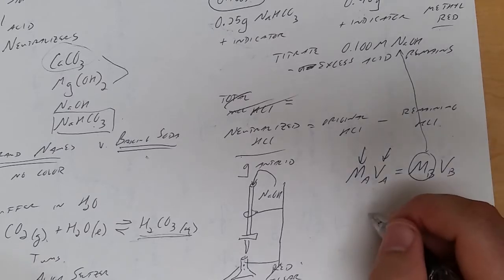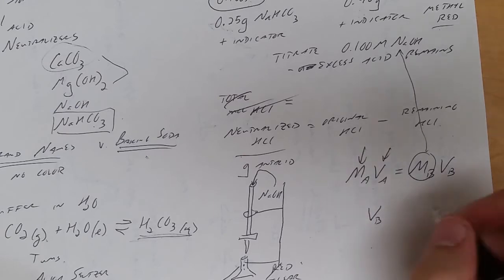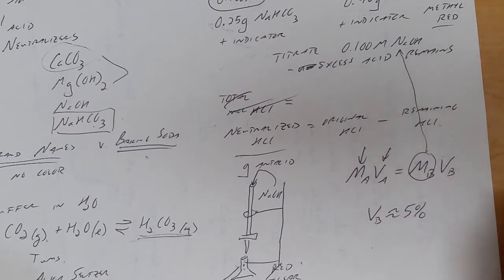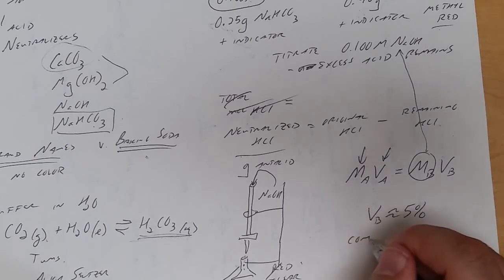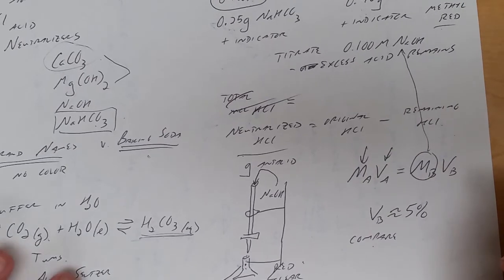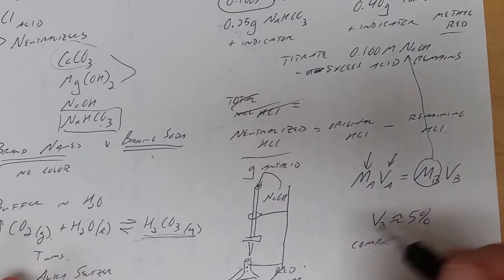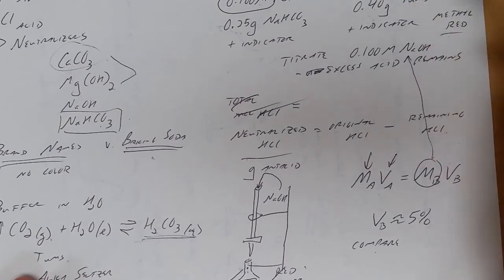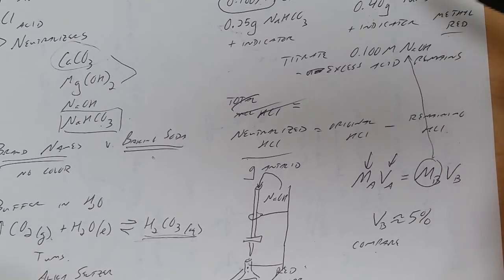What we want to do is have the volumes for the base that was required be approximately within 5%, and then compare and contrast whether or not our runs are consistent. And if the runs are not consistent, then it would necessitate an additional trial. Again, this will depend on whether or not your initial mass is the same, and whether or not your titration ability.